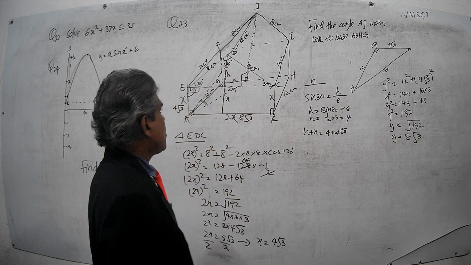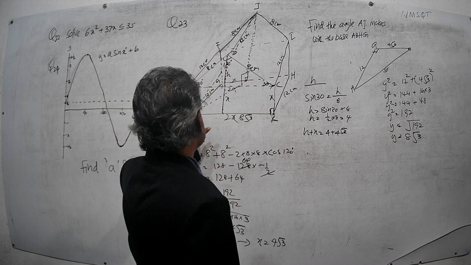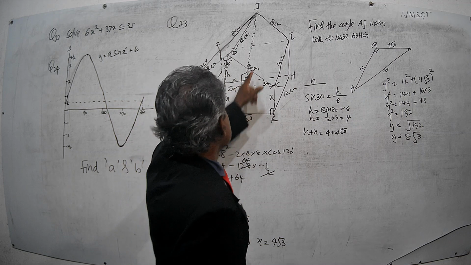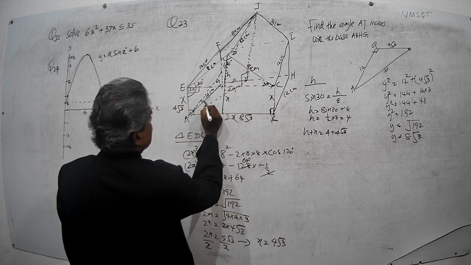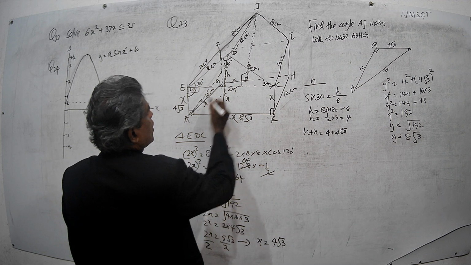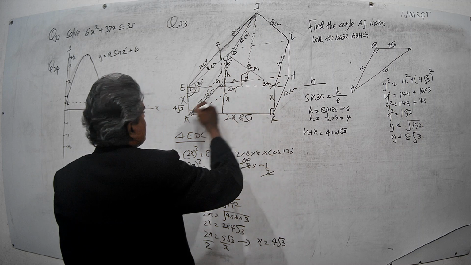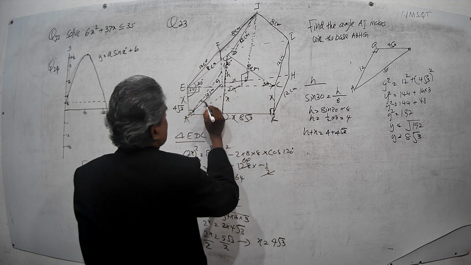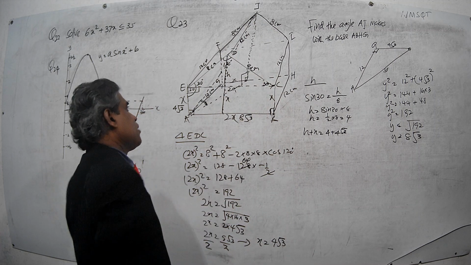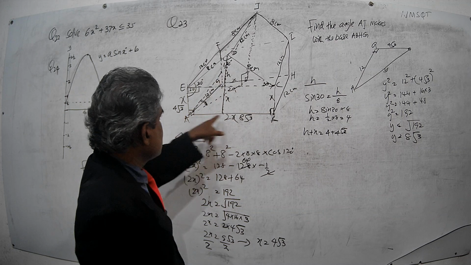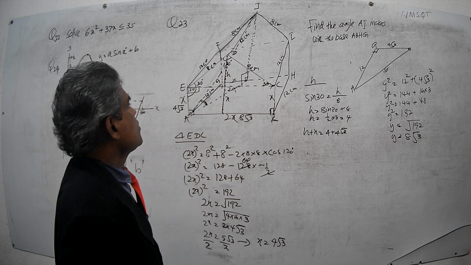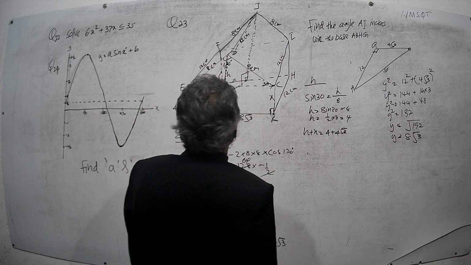Now we have enough materials. We need this length to find this angle. Then we apply tan. If you take this right angle triangle, this is the angle we want, the angle that this AJ makes with this base ABHG.